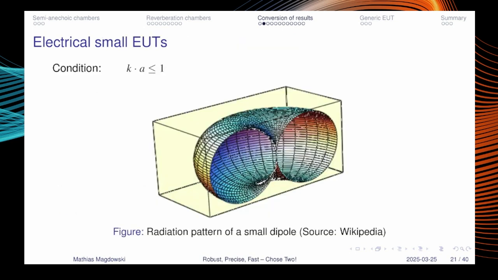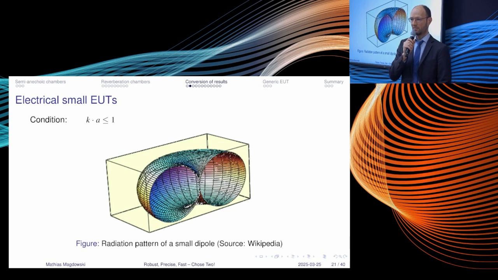But okay, let's say we have some equipment, we put a sphere around it, and k times a is the electrical size. So now if this electrical size is much smaller than 1, we have no problem because everything radiates like a dipole. And the radiation pattern of a dipole is a donut, like one you might get at the coffee counter here. So finding the maximum radiation of this donut-shaped dipole radiation pattern is quite simple.